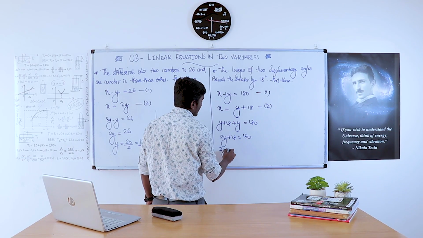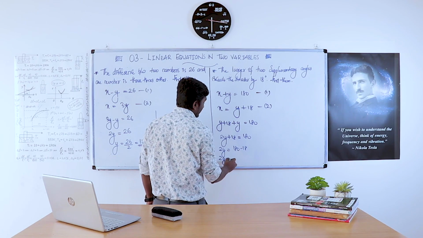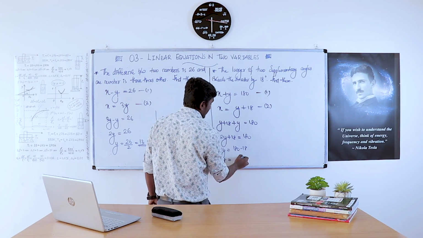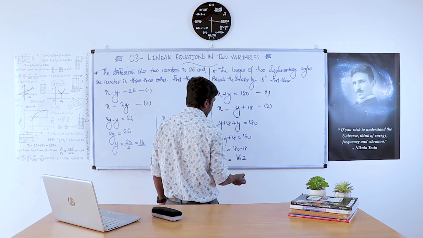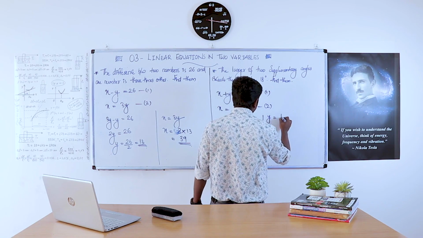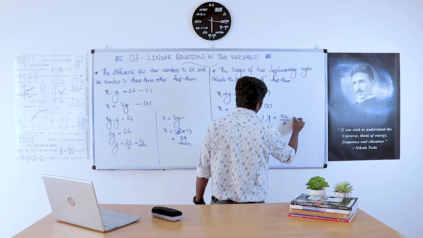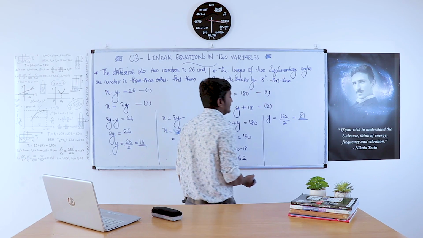Then 2y is equal to 180 minus 18. What is 180 minus 18? It is 162. If 2y is equal to 162, then what is y? 162 by 2 is 81.